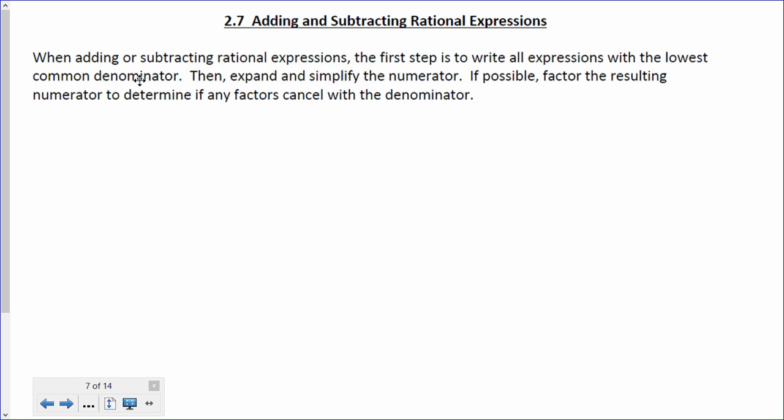So in adding and subtracting, there's an additional little hiccup we have to recognize. If we're adding and subtracting rational expressions, the analogy is adding and subtracting fractions.